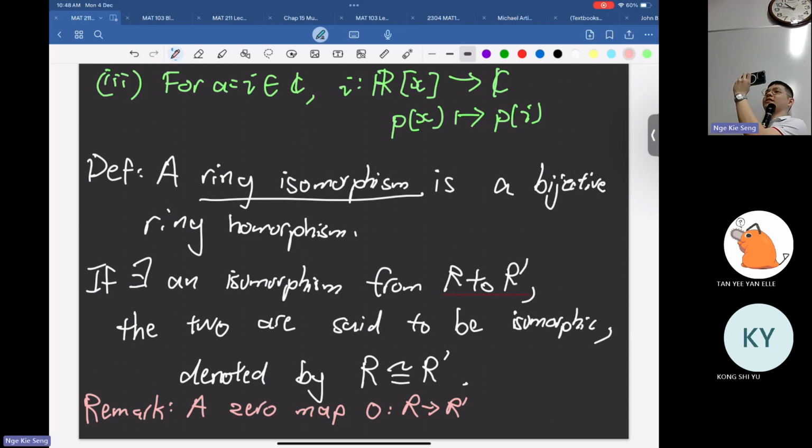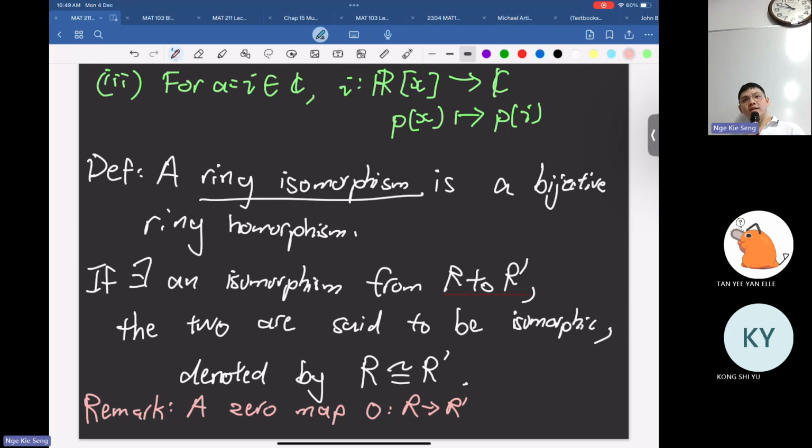To satisfy a ring homomorphism, you need to send the multiplicative identity to the multiplicative identity.